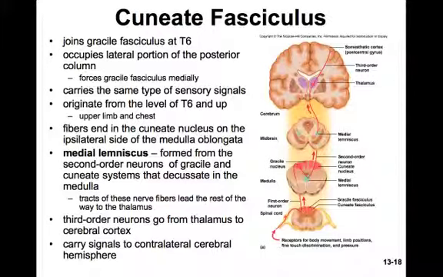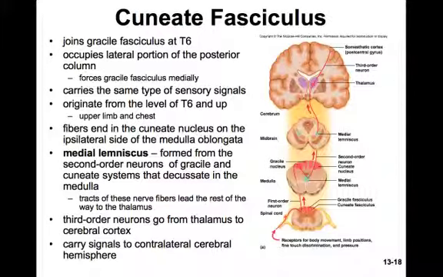The medial lemniscus is formed from the second-order neurons of the gracile and cuneate systems. They then decussate in the medulla oblongata, as in they switch to the other side. The tracts of these nerve fibers lead the rest of the way up to the thalamus.